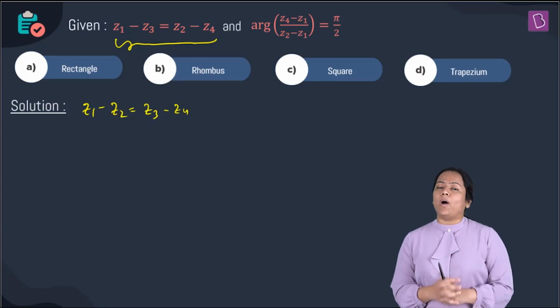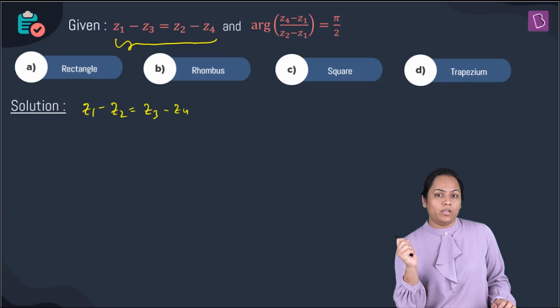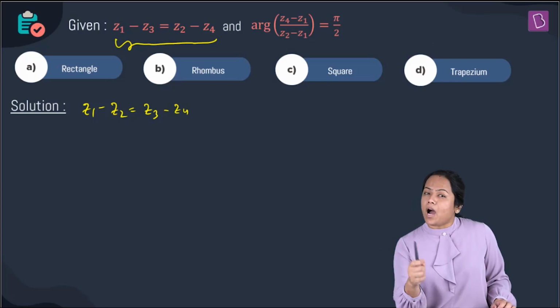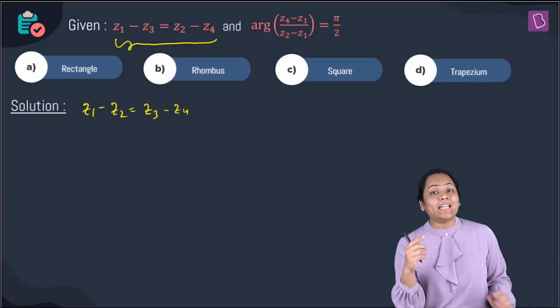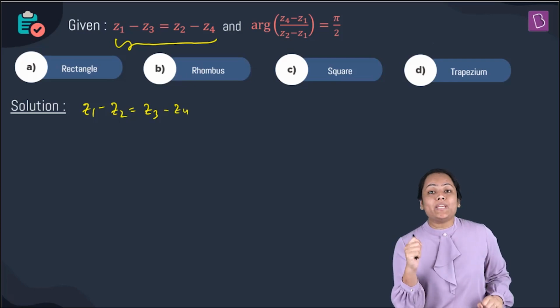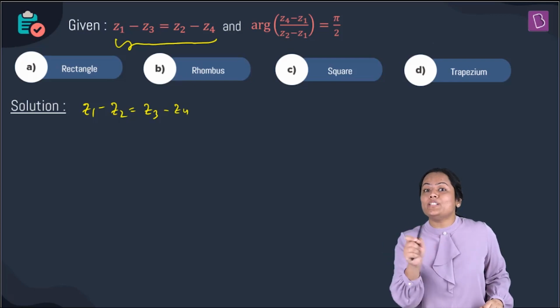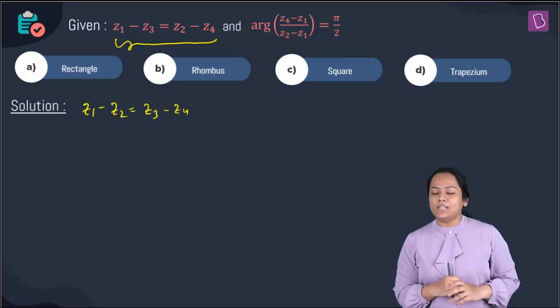Now guys, tell me one thing. If I have two complex numbers which are equal, then can I say their argument is equal? Well, yes, we can say that. And one more thing we can say: their modulus will be equal, isn't it? So let's try to solve using that concept.